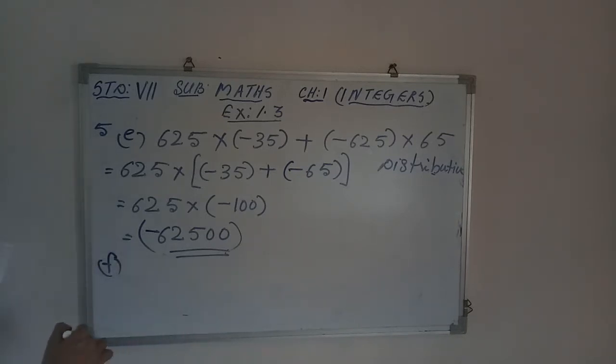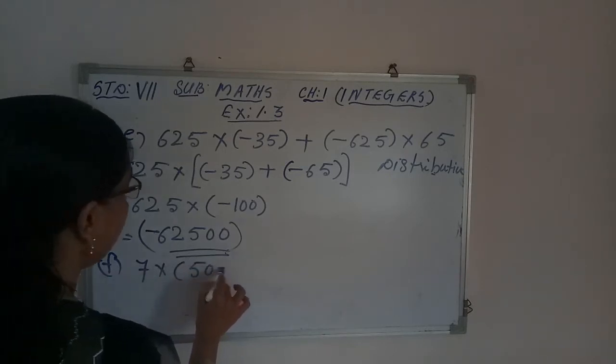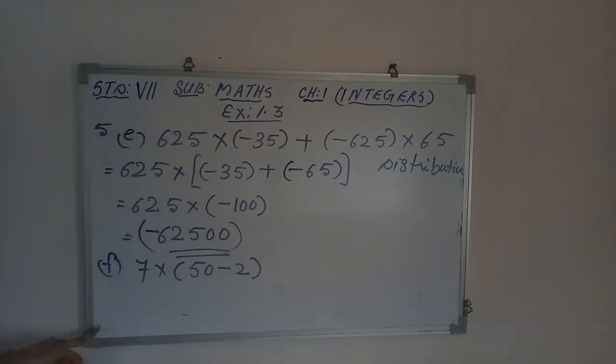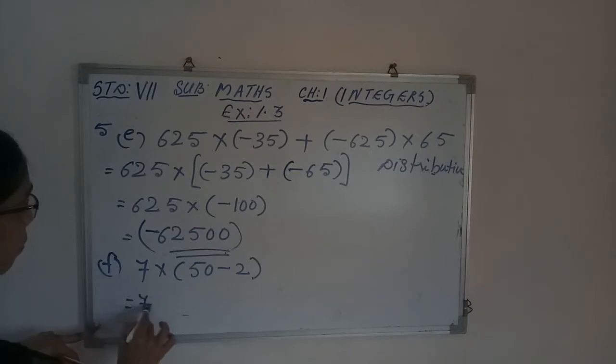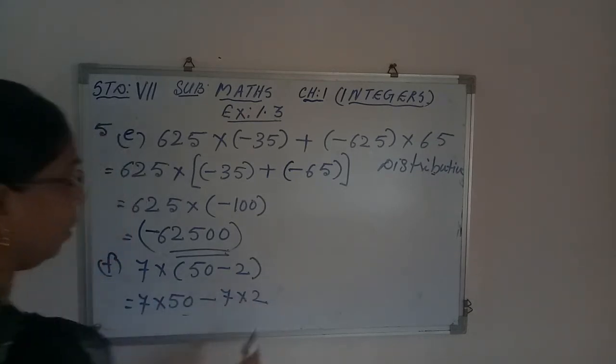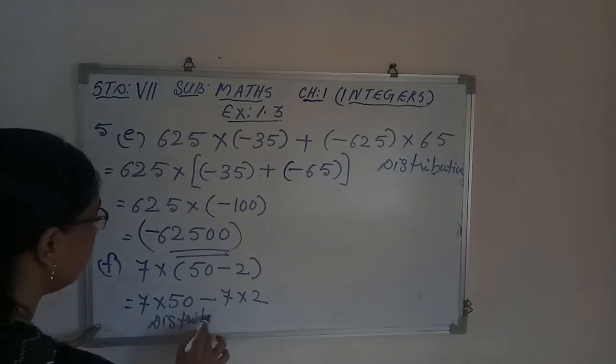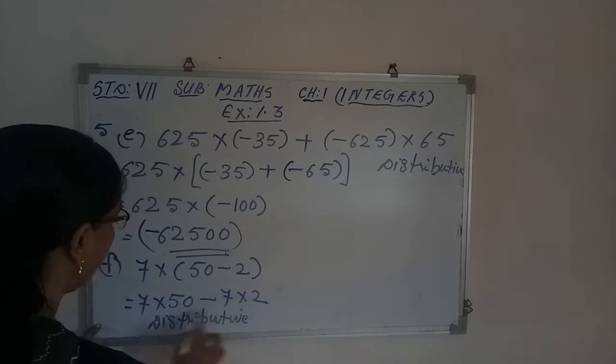The question is 7 into 50 minus 2. Find out. That's equal to 7 into 50 minus 7 into 2. Which property? Distributive property.